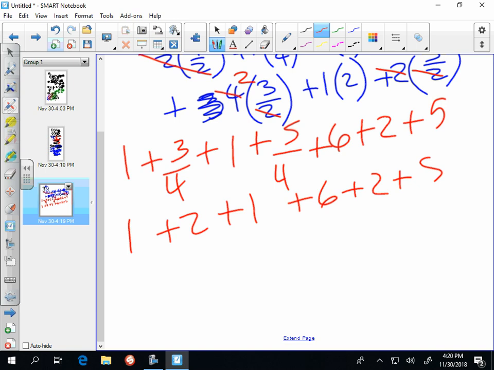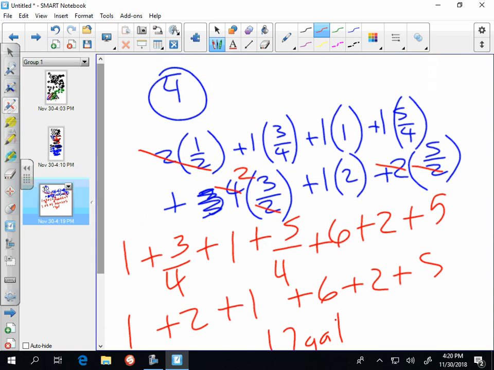That's going to be 4 plus 6 is 10, plus 7 is 17. So there are 17 total gallons that were brought. And how many campers were there? Well, how many marks were there? There were 2, 3, 4, 5, 6, 7, 8, 9, 10, 11, 12 campers.